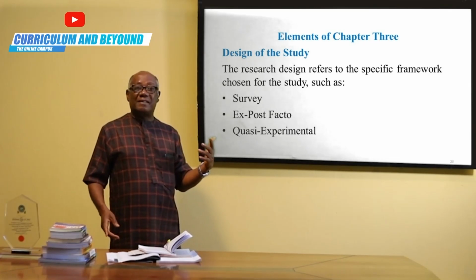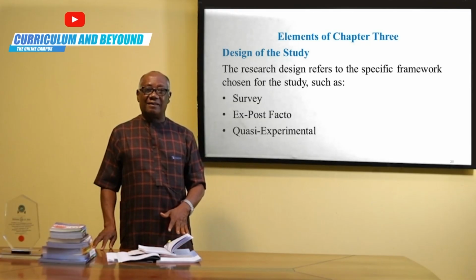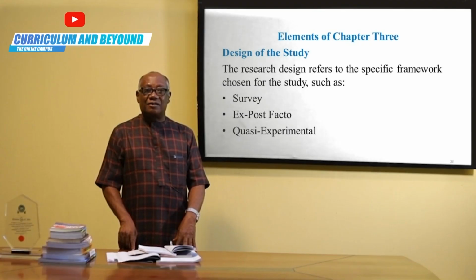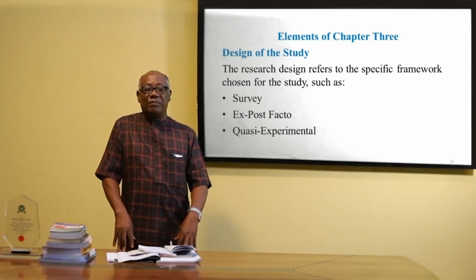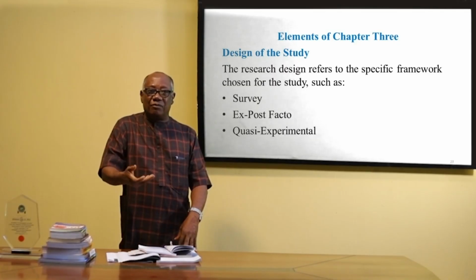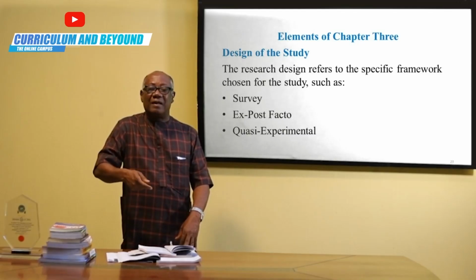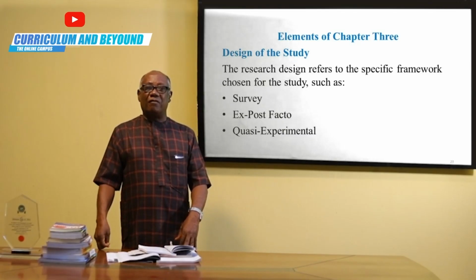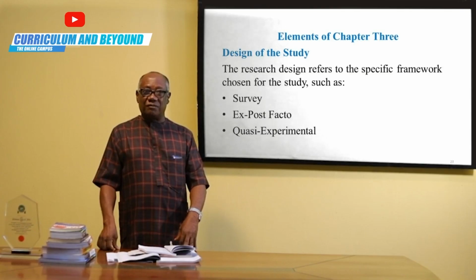Now, when you mention the design you are going to use, it is proper that you justify it. Justify your design. Survey design has been used for the current study because it is capable of carrying out the investigation among a large number of the population of persons or individuals or objects where this problem exists. You justify them.